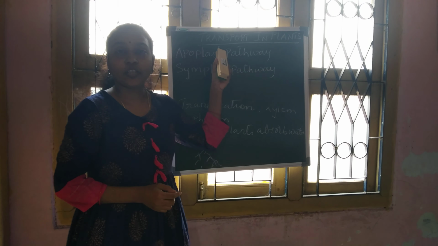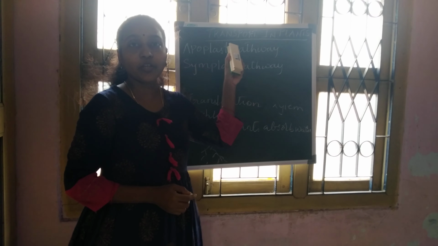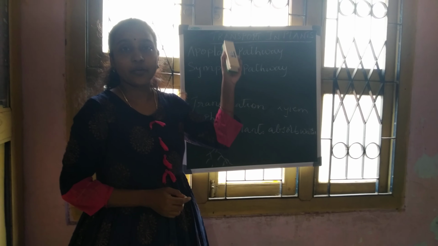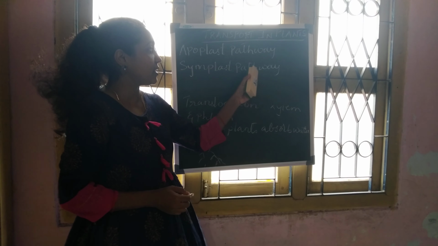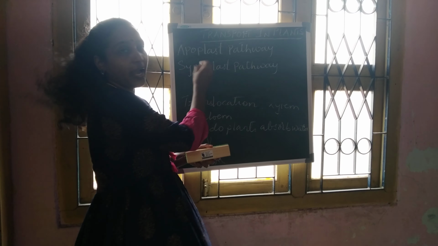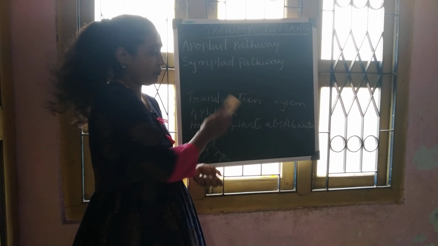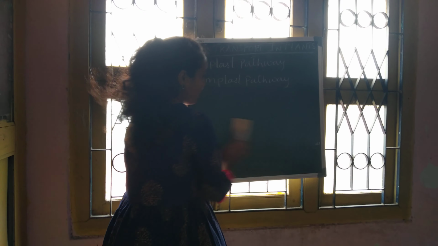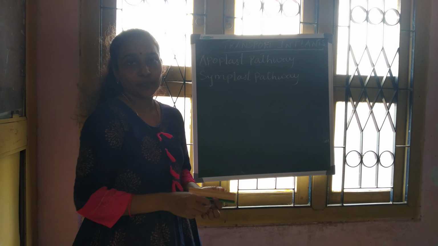The movement of the absorbed water from the roots into the different parts takes place through these two pathways. So now let us see the apoplast pathway.